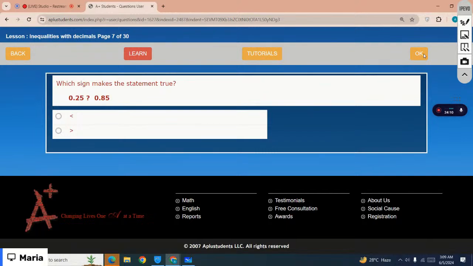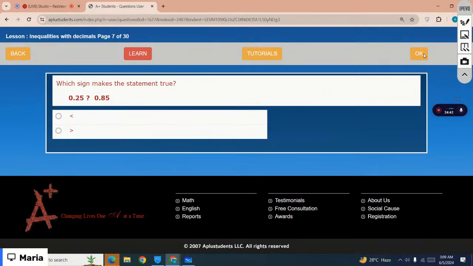Which sign makes the statement true? 0.25 and 0.85, which is the correct option? The correct option is yes, less.